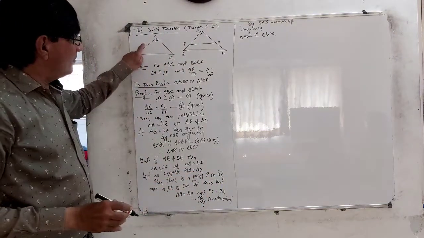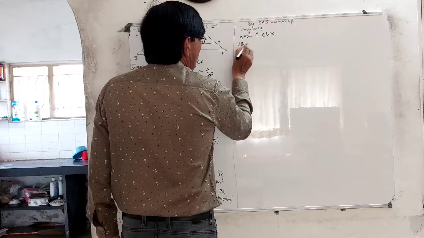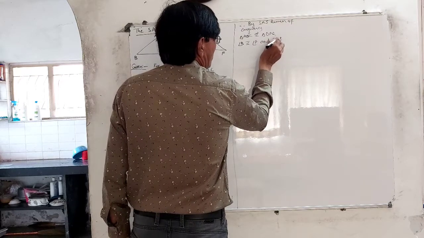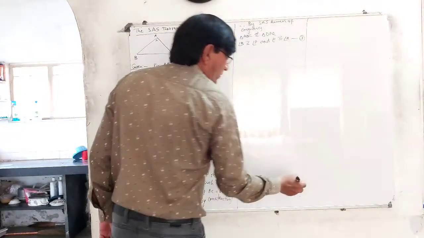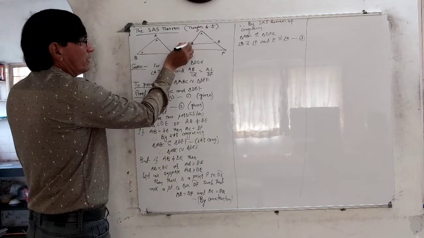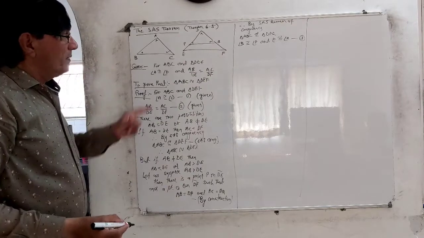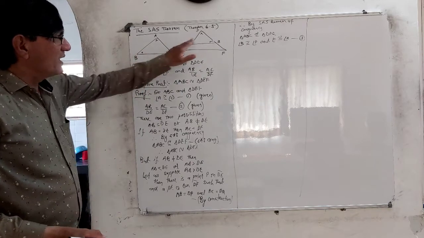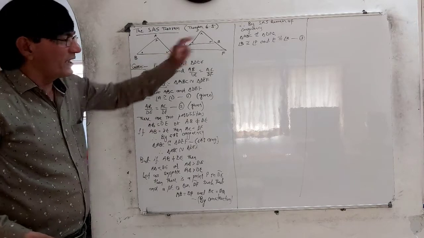So angle B is congruent to angle P and angle C is congruent to angle Q. Let this be result number 3. That means angle B is congruent to angle P, angle C is congruent to angle Q.